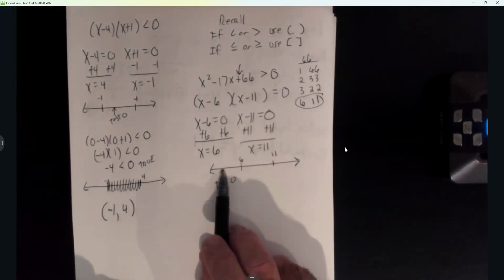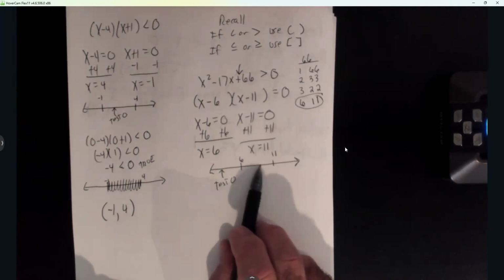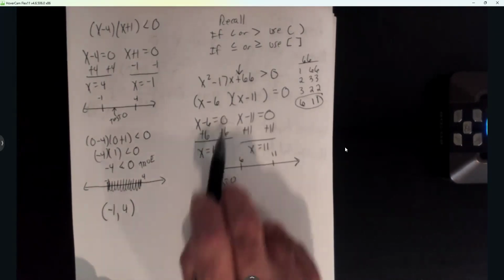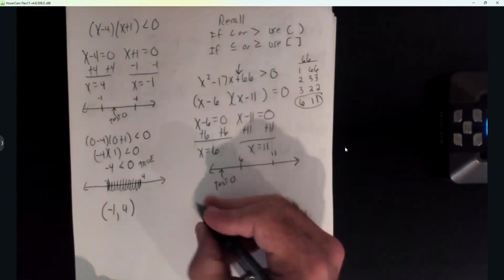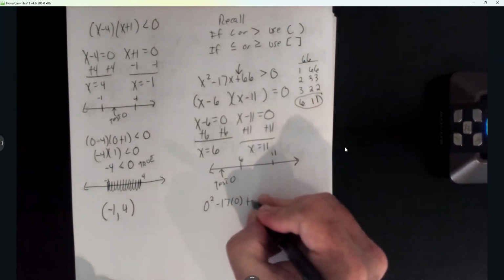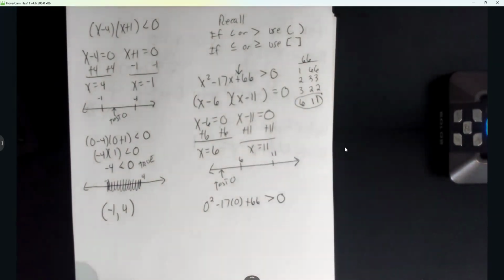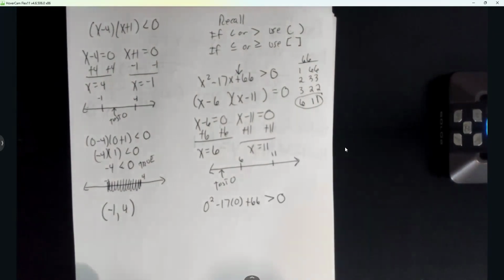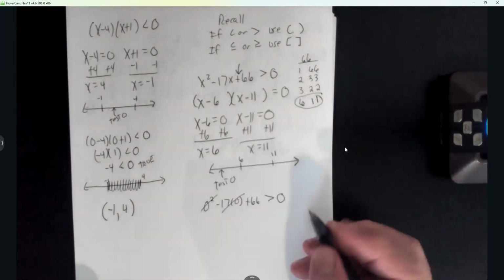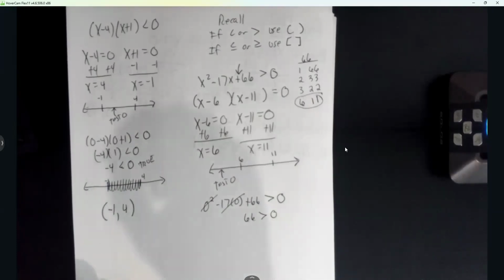If it's false for 0, I'm only going to shade the middle section, okay? All right, so let's see what we got. 0 squared minus 17 times 0 plus 66 has to be greater than 0. Well, that's 0. That's 0. So 66 greater than 0 is true.